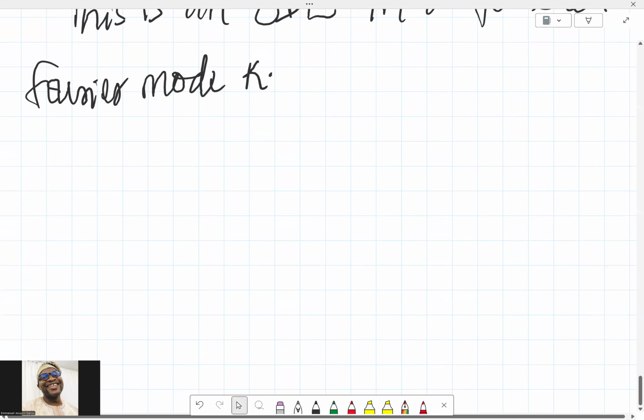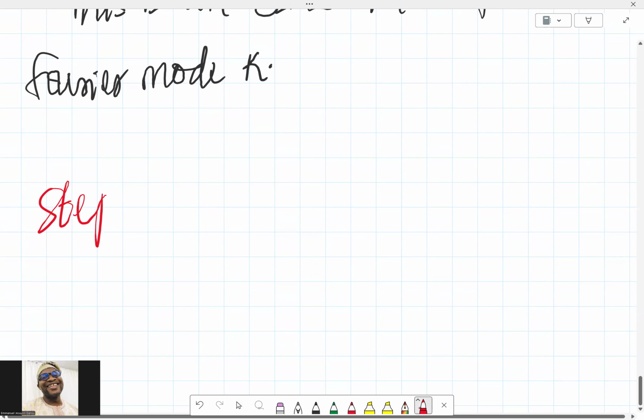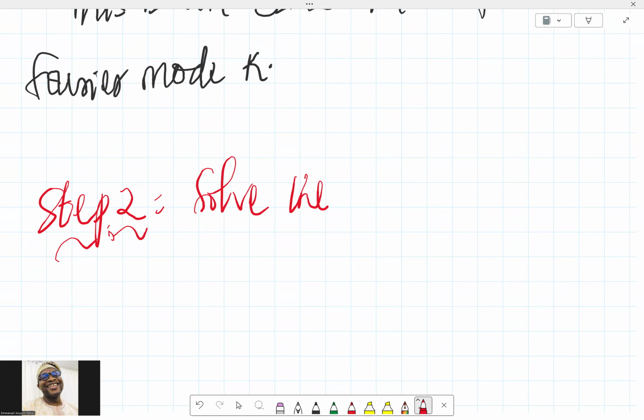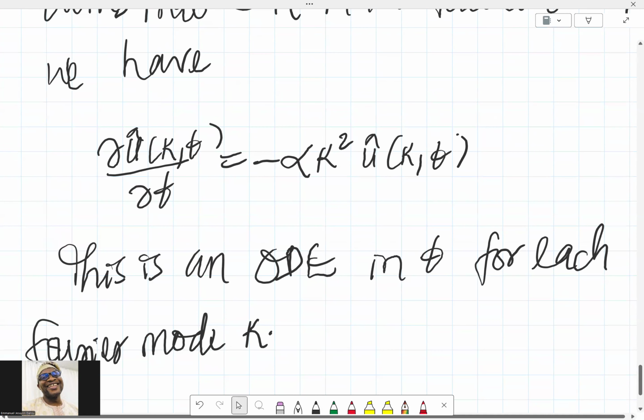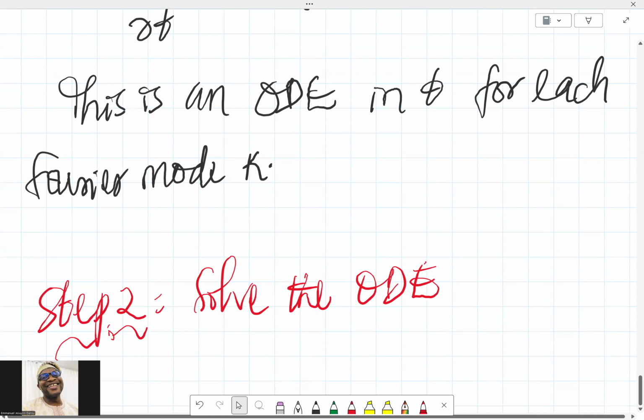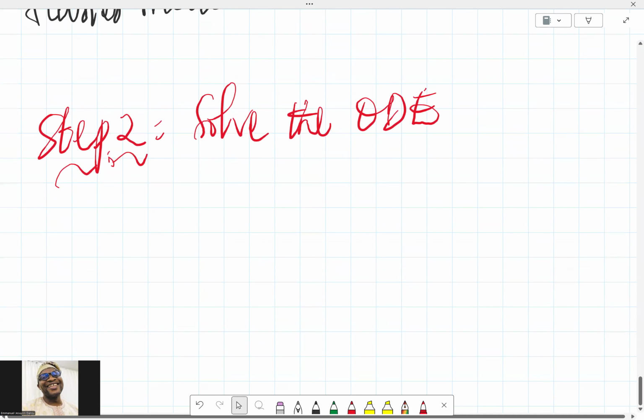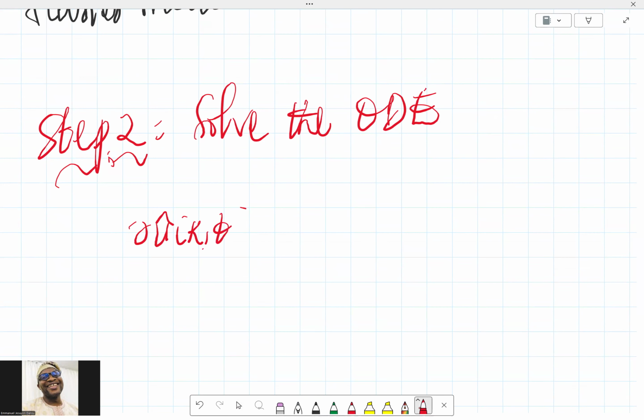So we go for step 2: we can then solve the ODE. This is pretty straightforward, let me do that. We have partial u cap k comma t over partial t equals minus alpha k squared u cap.